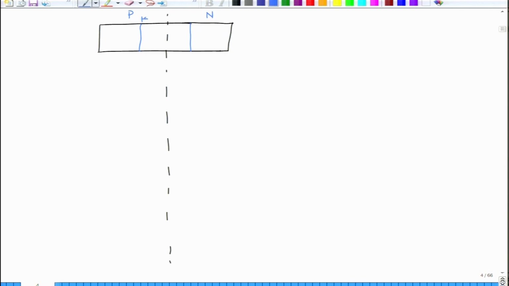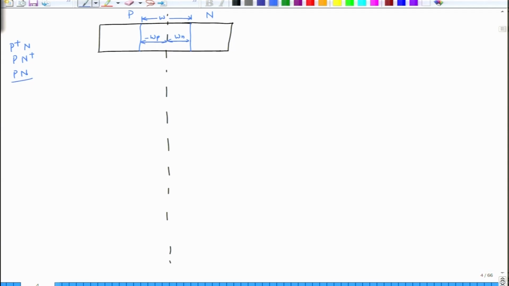This is capital W, this is minus Wp and this is plus Wn. Here we are saying that the doping of P is similar to N. If one is heavily doped, we write it as P plus N. If N is heavily doped, we write Pn plus. If both are lightly doped, we write them as a pn junction.